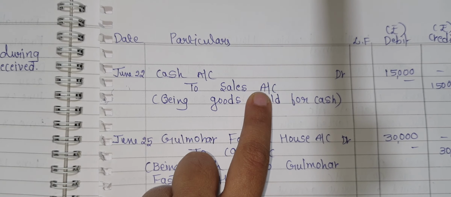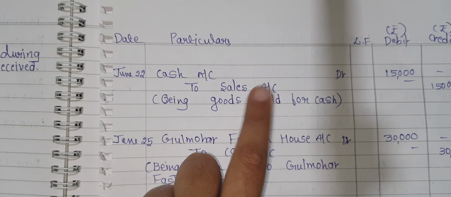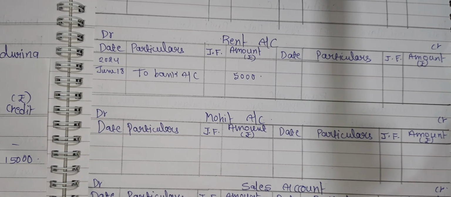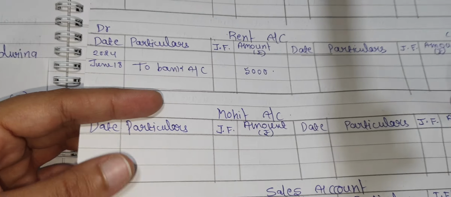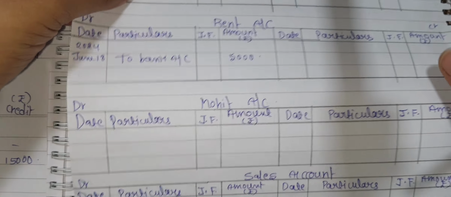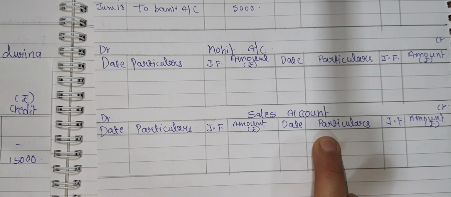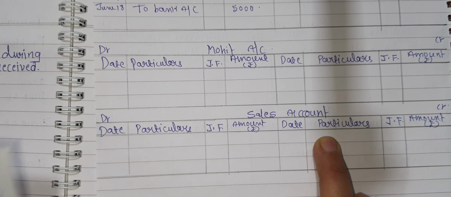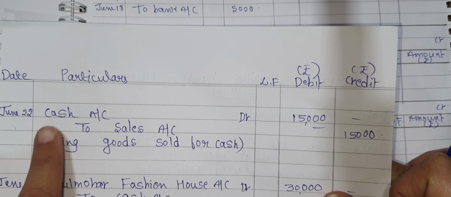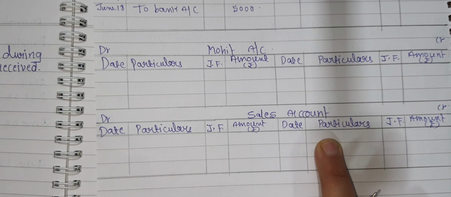And next account, that is sales account. Here sales account is credited. So go to the credit side of sales account, and write down the opposite entry of sales account, that is cash account.